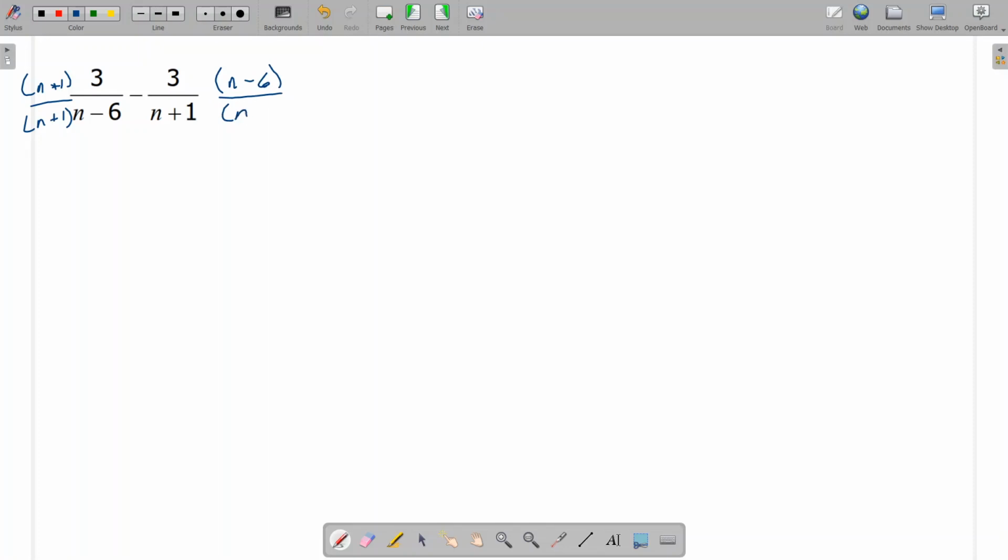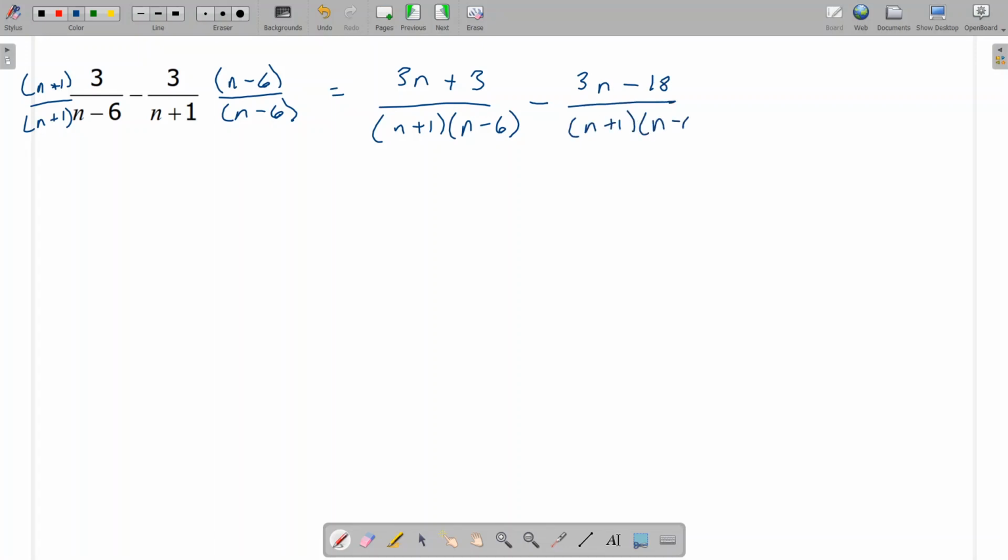by n minus 6. So if we do this, we would get 3n plus 3 over n plus 1 times n minus 6, minus 3n minus 18 over n plus 1 times n minus 6.